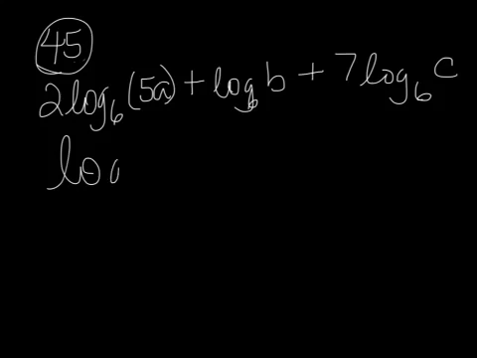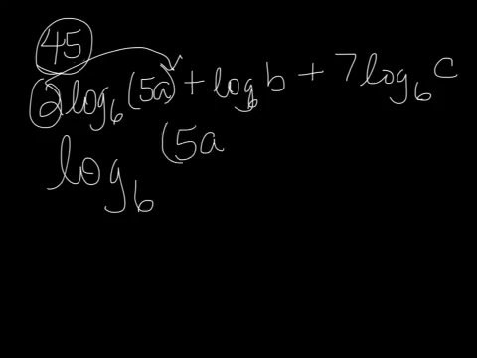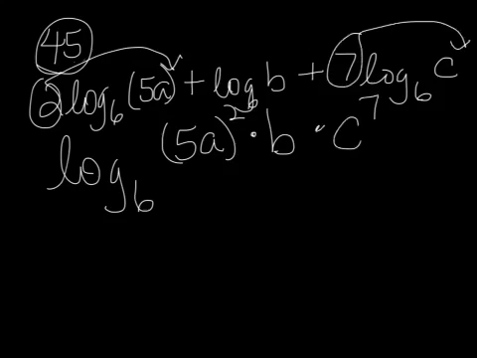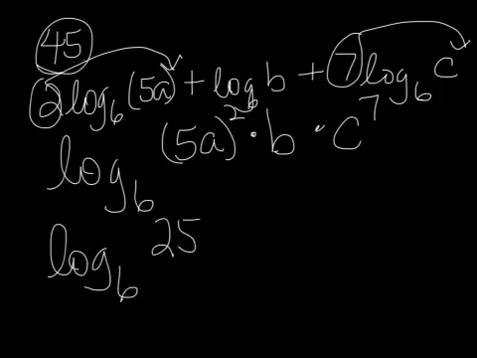Condensing, we write log and base one time. Exponents are pulled out front, so that will be 5a squared times b. 7 is an exponent, c to the 7th. So the final answer should be log base 6 of 25a squared b, c to the 7th.